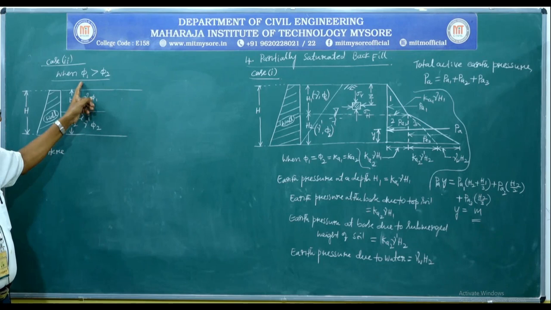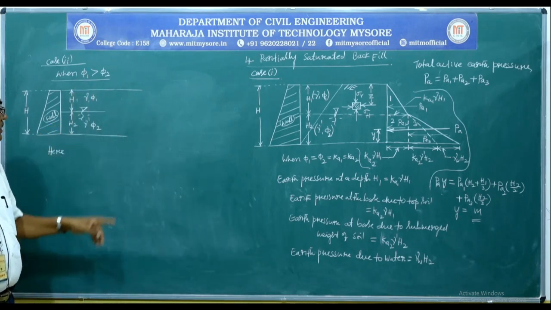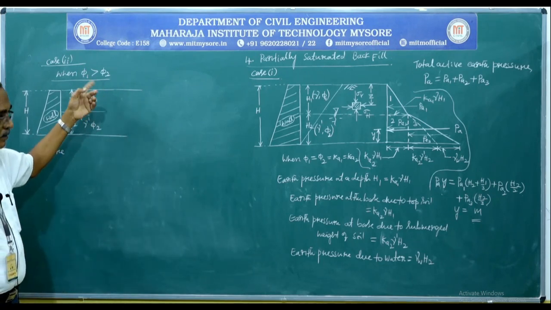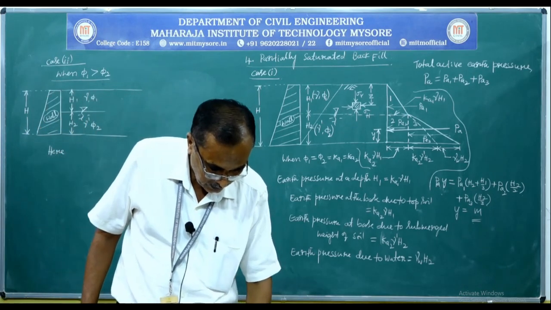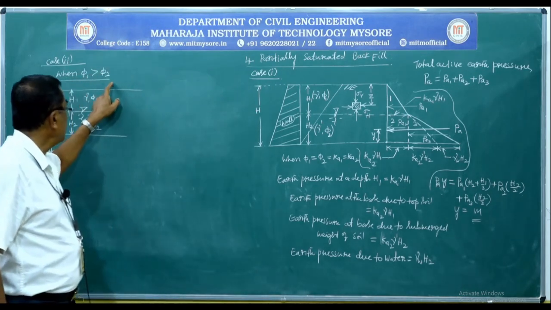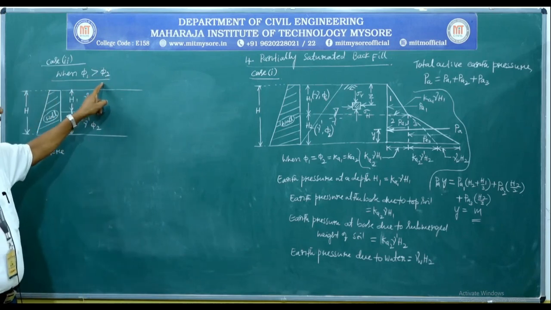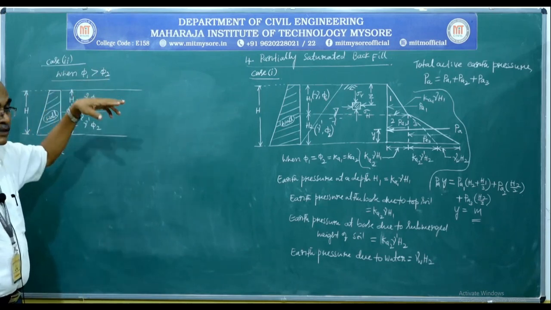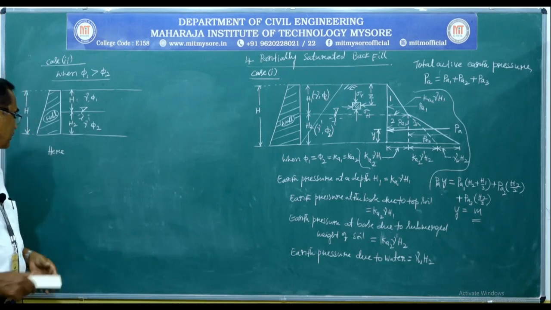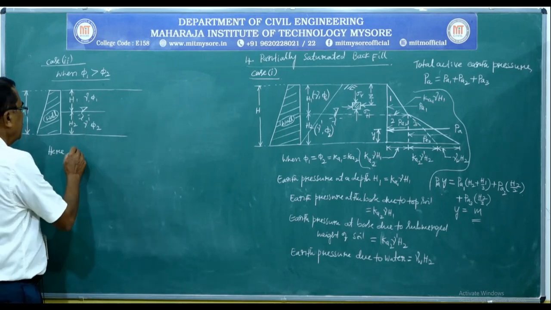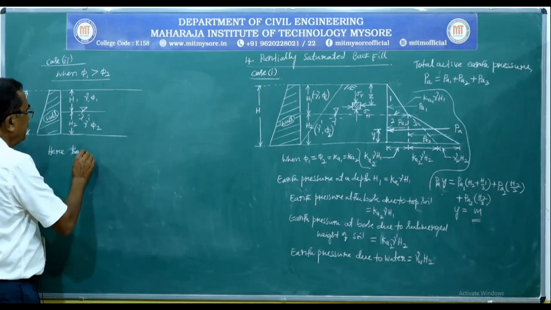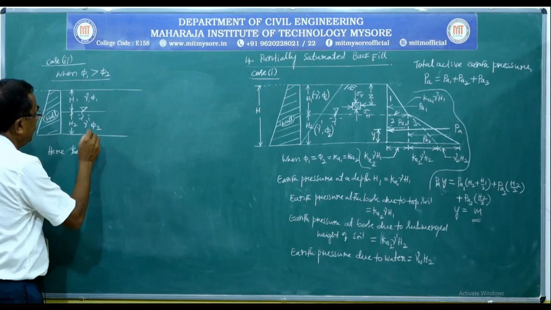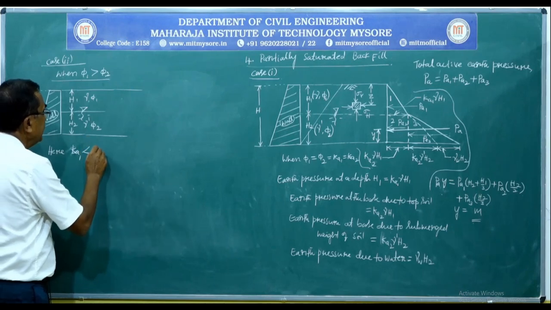So Ka increases with the decrease in value of phi, and Ka decreases with the increase in value of phi. So here Ka1 is less than Ka2.